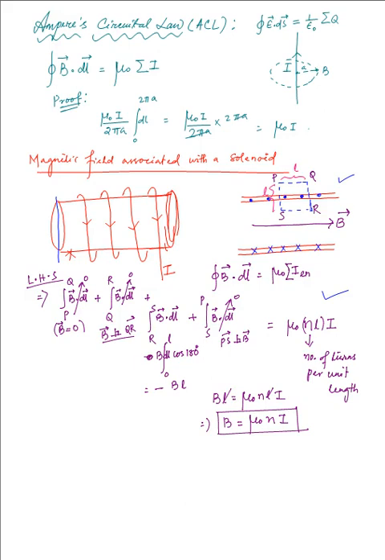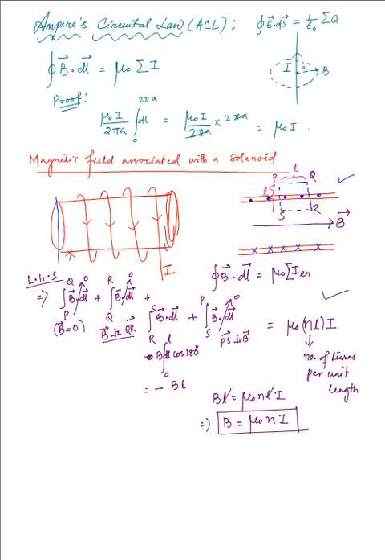They do play a part in determining the magnetic field intensity. Also what matters is, because we have considered supposedly an air medium or a medium with the permeability mu naught, that is for air or vacuum.